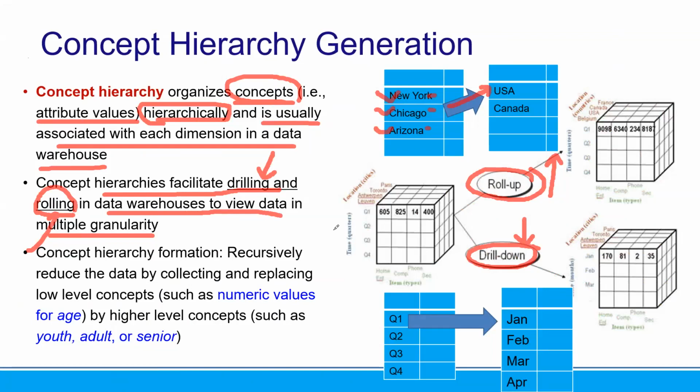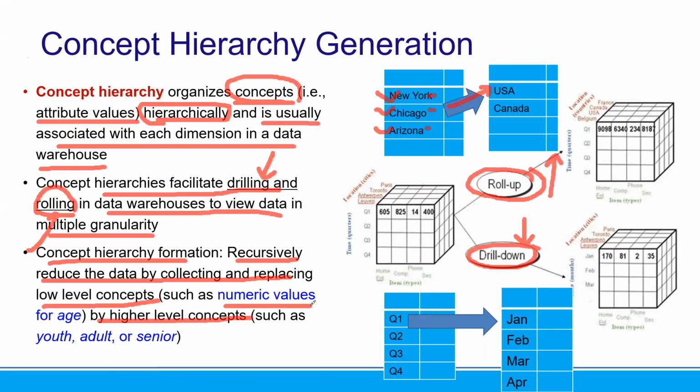We have concept hierarchy formation. It will recursively reduce the data by collecting and replacing the low level concepts by higher level concepts. So as I mentioned before, we have the numerical values. What is the numerical value? For x, 25, 20, 30.